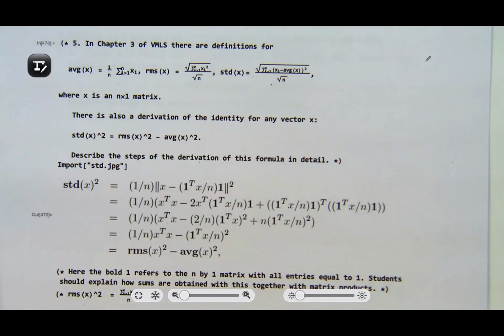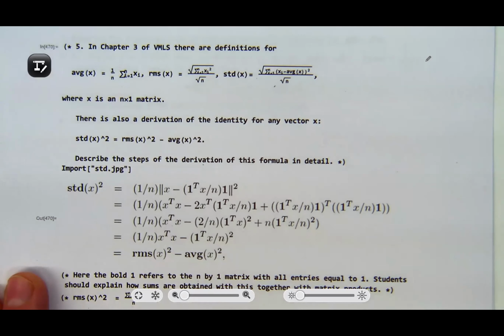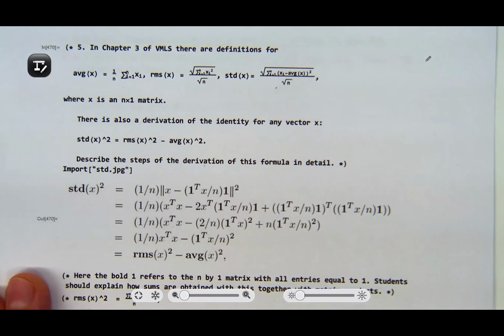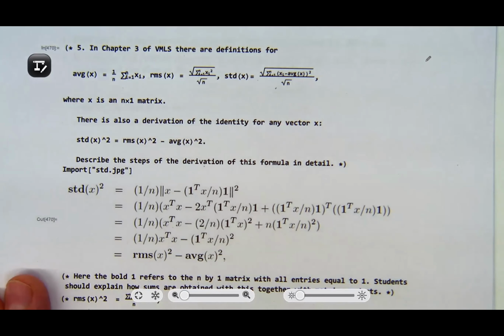So the sum divided by n, where n is the length. Okay, now RMS, that's the sum of the squares of the entries, and then you take the square root. So in other words, that's the norm of the vector, but dividing by the square root of n.